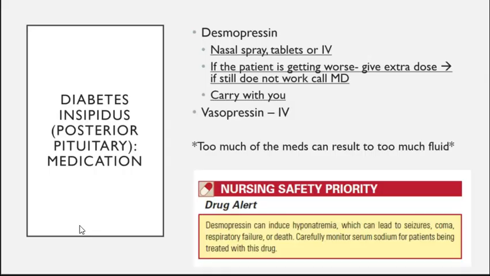Now, if we give them their desmopressin and they take too much of it, they're going to go into fluid overload, and now their sodium is going to drop. Now remember, do we want that sodium to drop too quickly? Absolutely not. So we're going to be monitoring for things like seizure, coma, and respiratory failure, and we need to make sure that if they're in the hospital, we're not moving that sodium level too quickly.